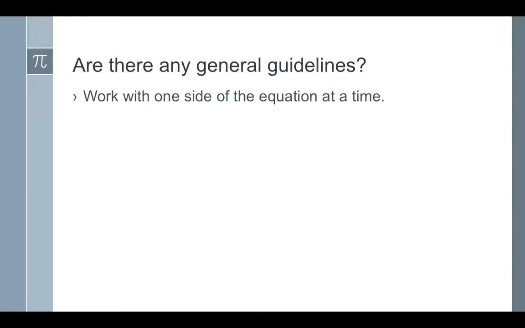Work with one side of the equation at a time. Don't try to work both of them at the same time. Do one as far as you can get it, and hopefully that one will work out to make it look like the other side. If not, then you go back and work the other side to make it look like the first side. Always try to choose the more complicated looking side.